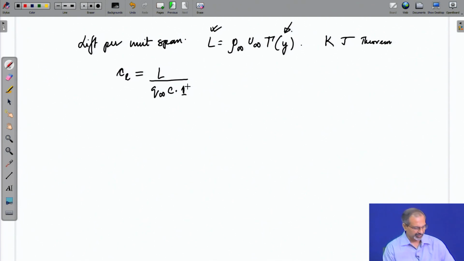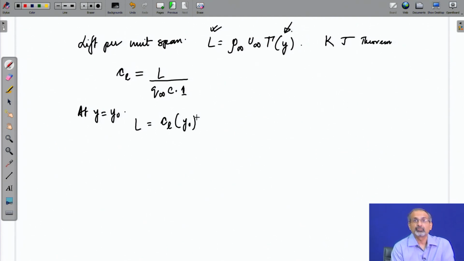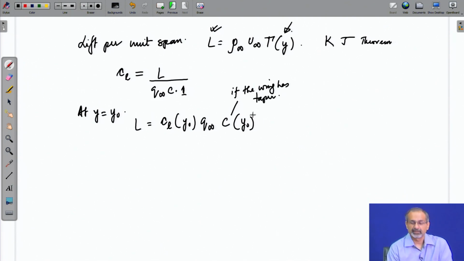This is how you will calculate it. So, at y equal to y naught, if you are taking the section, then you find out the CL at y naught times q infinity into c at y naught, that is, if the wing has taper, this will not be a constant anymore, it will be a function of y. So, at y naught this is how it will work out.